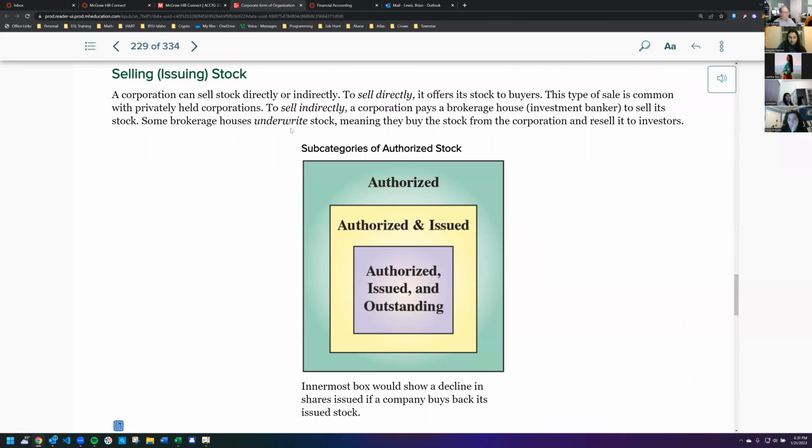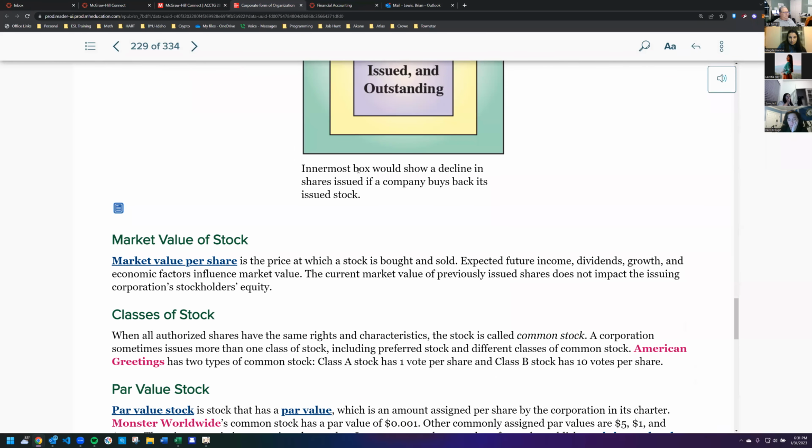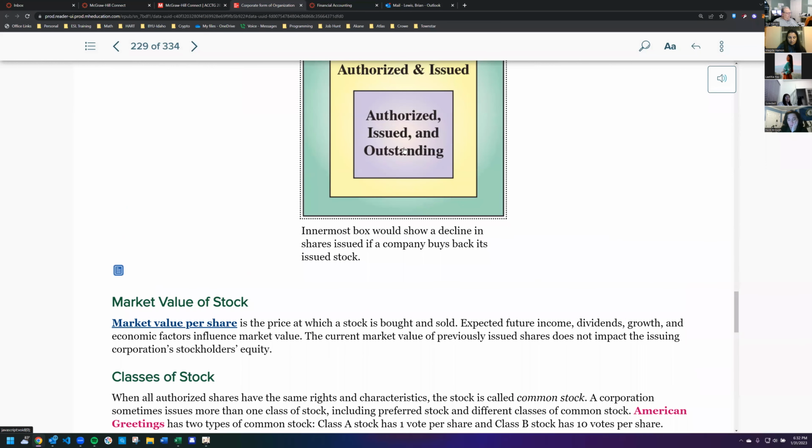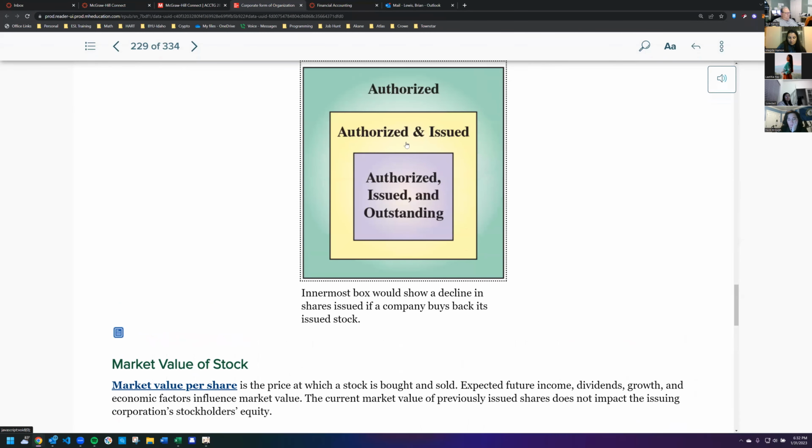The difference between issued and outstanding is really the treasury stock: the amount that you issued but then bought back. So in reality, it's not outstanding anymore because you're holding some portion of it. So: the total amount that could be sold, the amount that has been sold out of that, and the amount that's been sold less what you've bought back is this value.